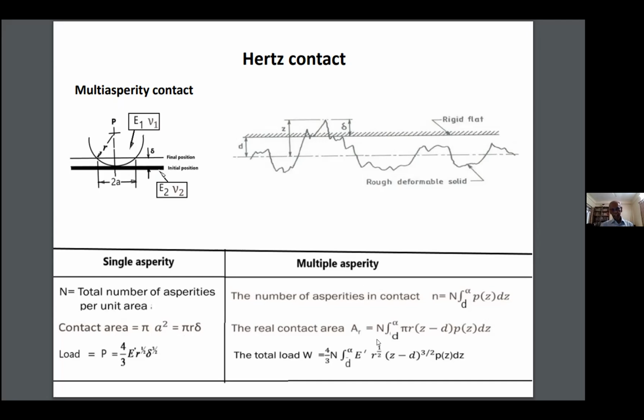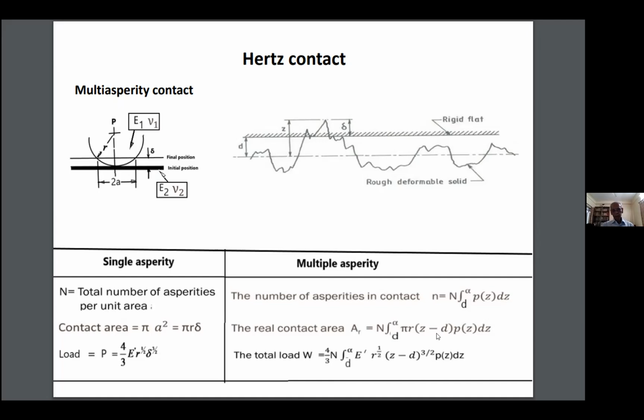So there, again, we take the area for a single asperity and integrate it with the probability density function Pz dz. But here, delta is replaced by Z minus D, because delta is not our variable, Z is. So we replace delta by Z minus D.